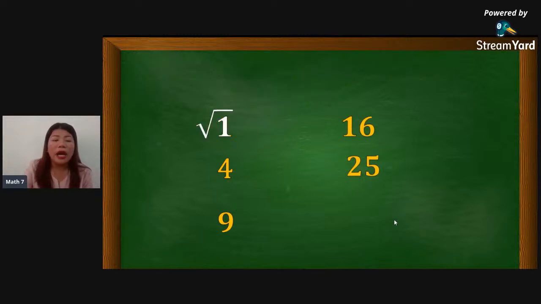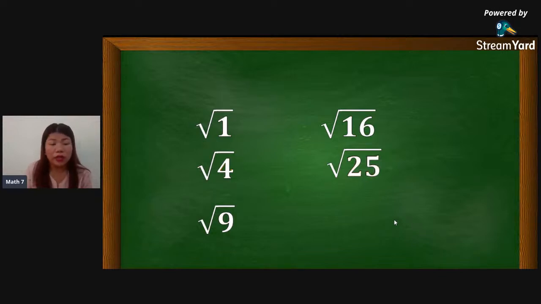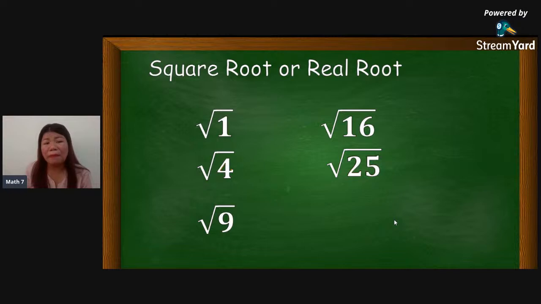Next, kapag naman nilagay natin ito ng radical sign, or radical symbol, we are getting the square root or real root. Okay? Saira, maliwanag naman dito sa akin. Kapag square root or real root, di ba kanina nag-multiply tayo and we discovered na kapag nag-multiply ka ng parehong sign, ang sagot pa rin ay positive.